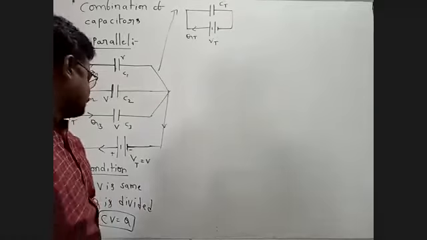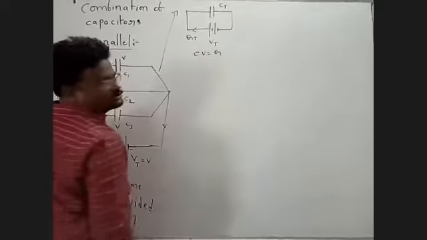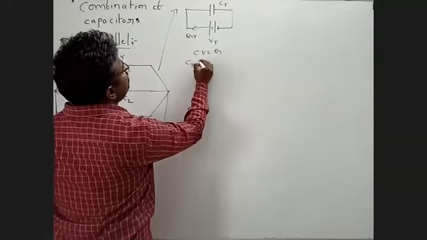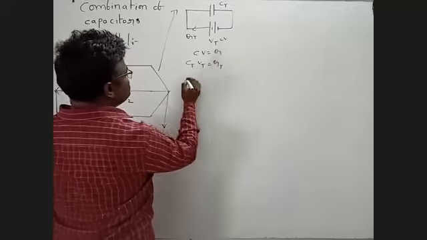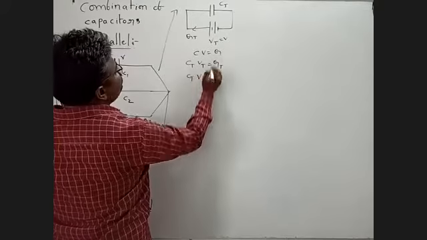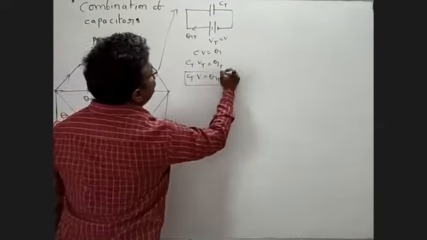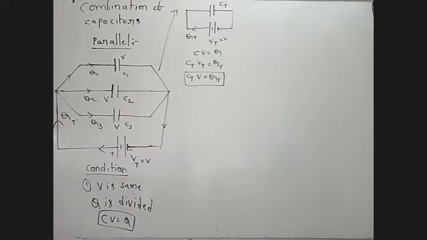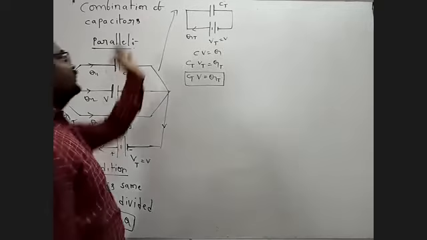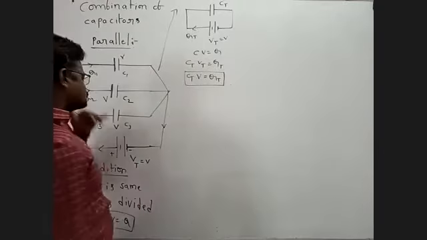According to the formula CV equals Q, C total times V total is equal to Q total, where V total is equal to V. The circuit became like this: C total means C1, C2, C3 combined.